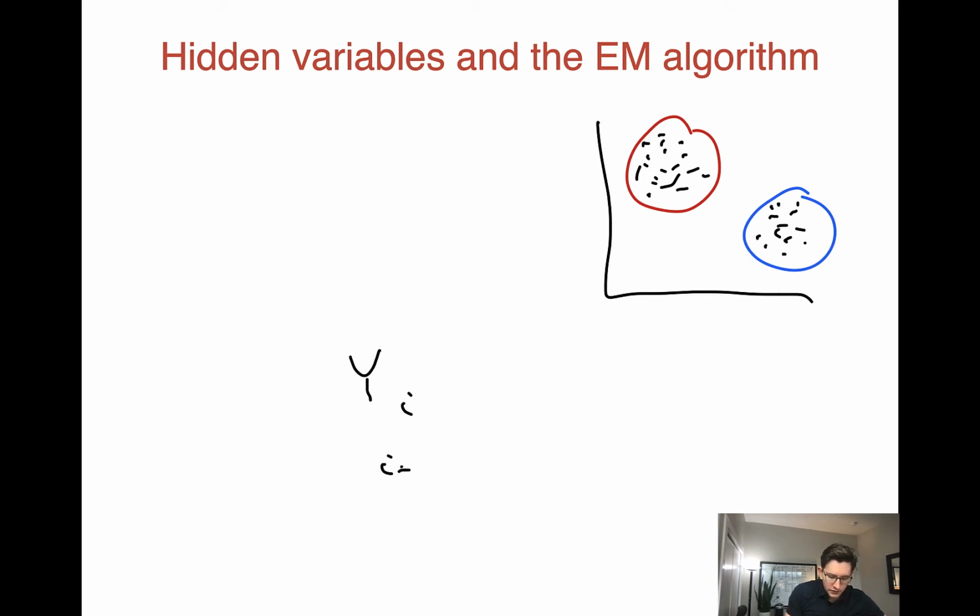i equals 1 to n for the different points, and then we have zi, which indicates the cluster membership. So in this case, this would be a value in 1 through k, where k is our number of clusters.